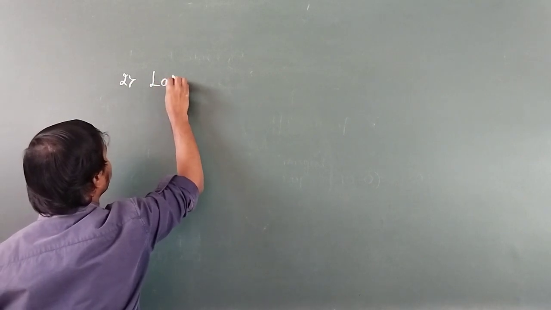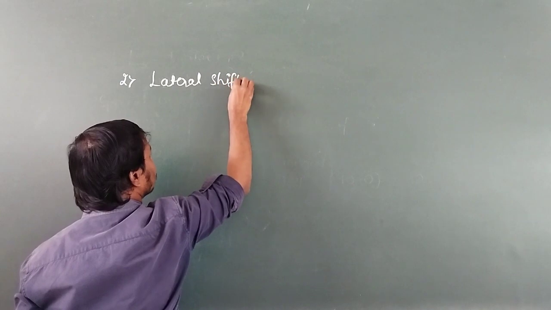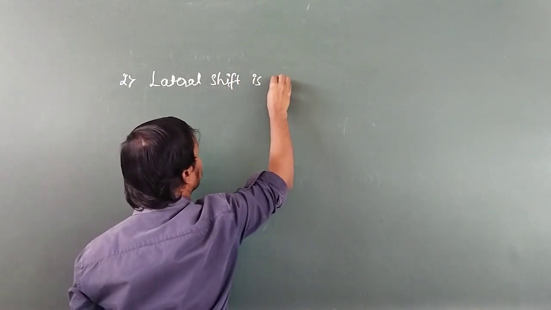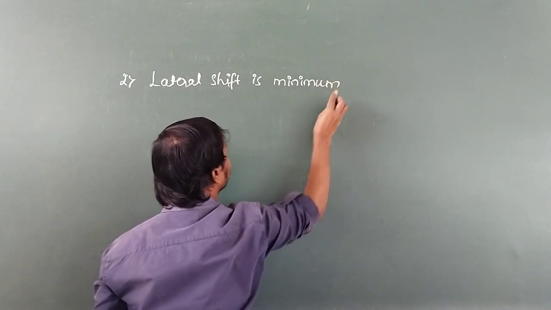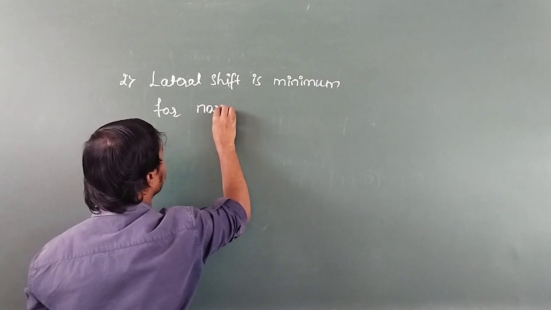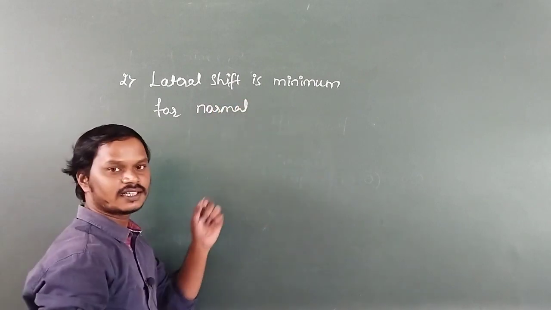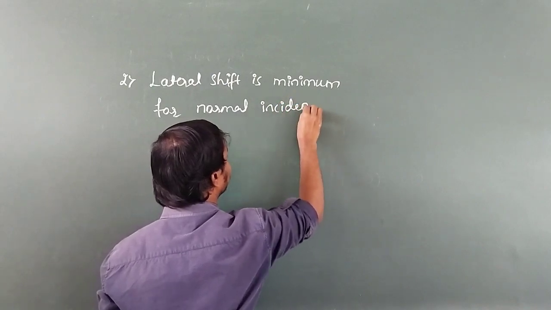Lateral shift is minimum for normal incidence. Normal incidence means here the light is incident along the normal.